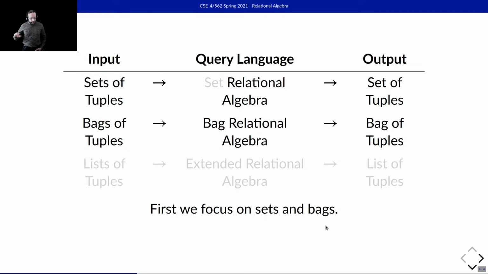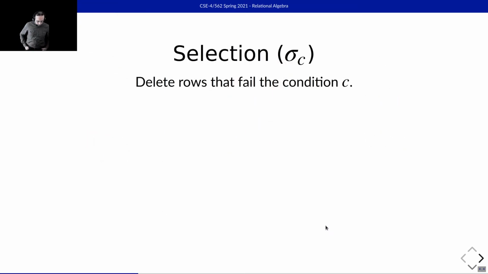We have to be able to manipulate that order, sort things. So we're going to talk about extended relational algebra in a couple of classes. For now, we're going to focus specifically on set relational algebra and bag relational algebra.